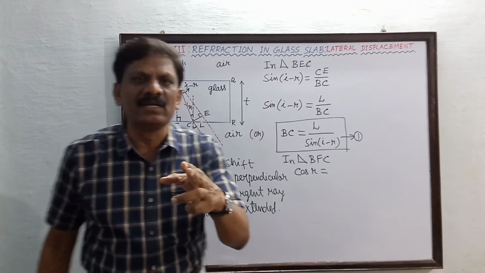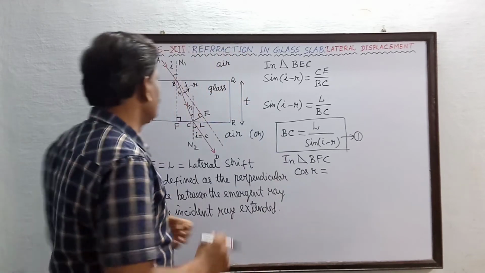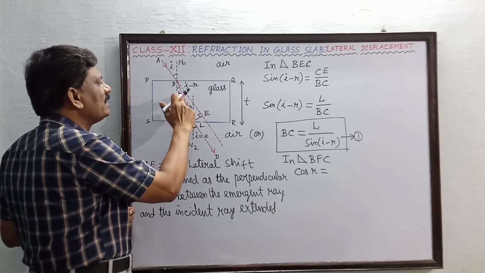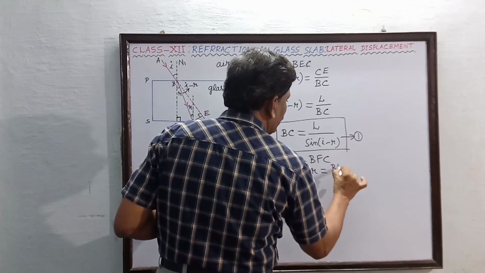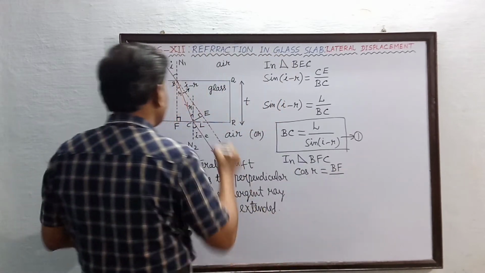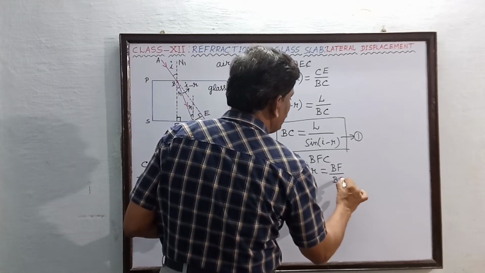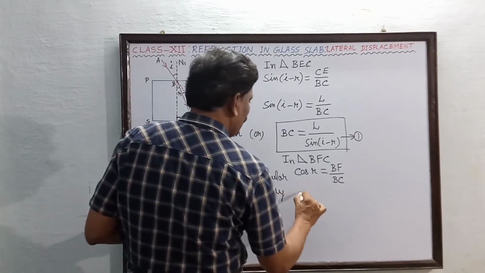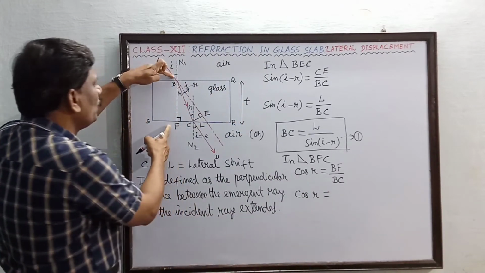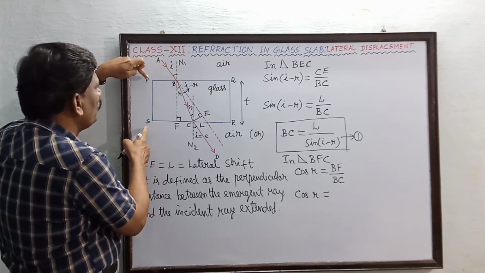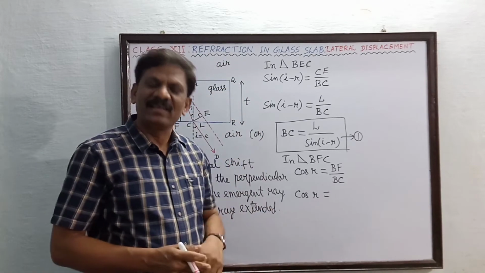So cos theta is equal to what? Adjacent side by hypotenuse. Which side is adjacent to R? Adjacent to R, it is BF, is it not? So this is BF divided by hypotenuse, which is the same BC for this triangle also. So cos of R is equal to this B to F distance, which is also equal to PS, which is also equal to QR, that is equal to the thickness of the glass slab.